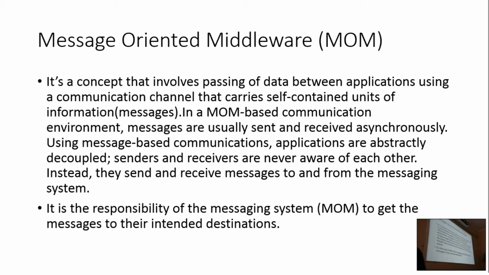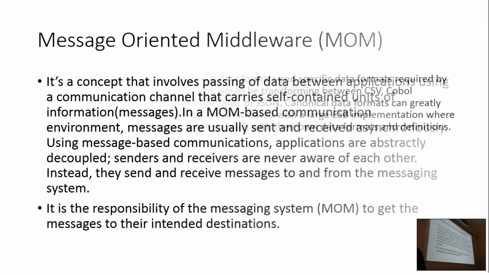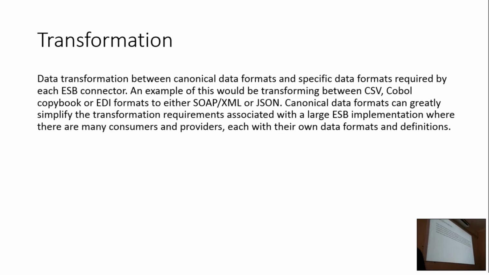Just assume that you pass the message to the bus and the other end gets the message from the bus. Simple as that. The responsibility of the MOM system or the ESB is to decide the destination. It will decide, okay, this message should go to this endpoint, likewise. So you don't need to worry about anything. That simple.